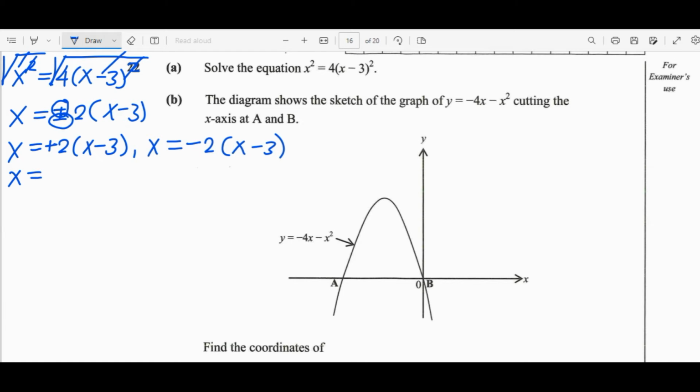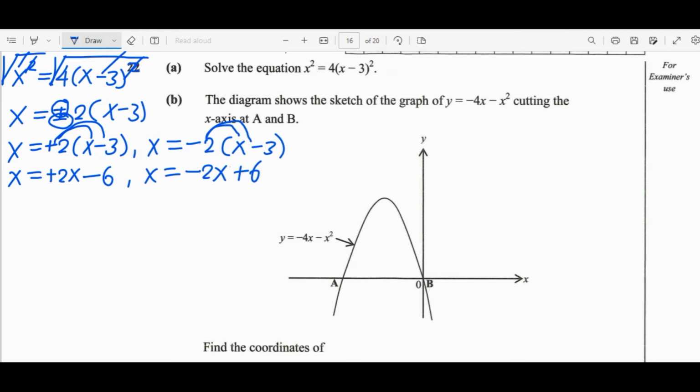Positive 2 times x will just give me 2x. Positive 2 times negative 3, I'm getting negative 6. Let's go to this side. Negative 2 times x is negative 2x. Negative 2 times negative 3 is positive 6.